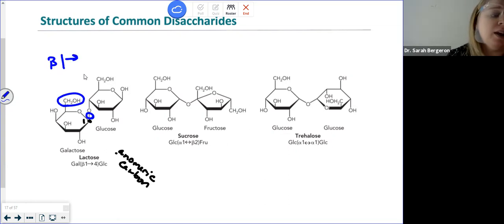Now, my next sugar, which carbon is participating in the bond? So I find my anomeric carbon. If there's a carbon attached to it, I give it a 1, but there's not. So I go 1, 2, 3, 4. So carbon 4 is participating in the second sugar unit of the disaccharide.